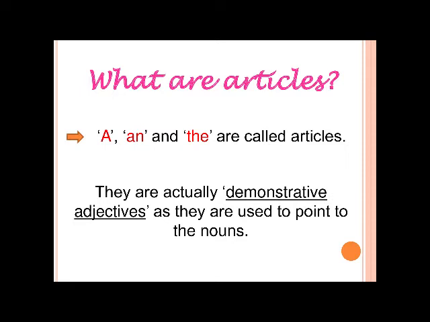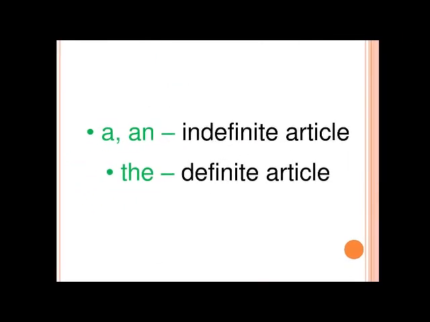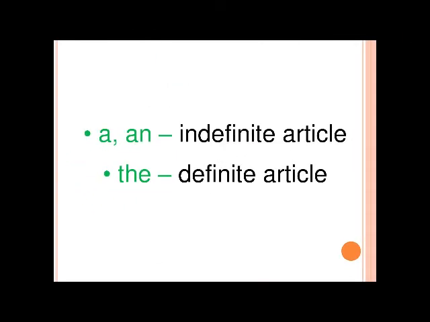We have learned in our last lesson that demonstrative adjectives are those which are used to point to the nouns like this, that, these, and those. These are demonstrative adjectives if they are used before any noun. So likewise, these articles are also a kind of demonstrative adjectives. Now, a and an are called indefinite articles, and the is called the definite article.